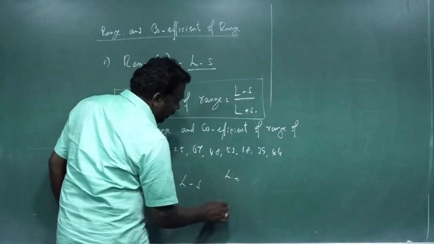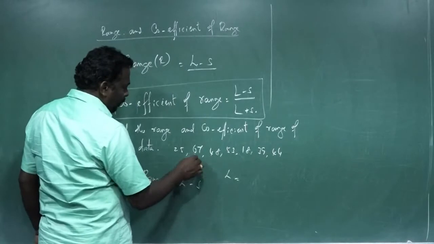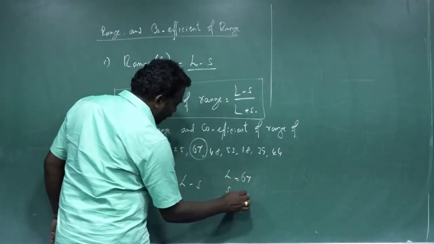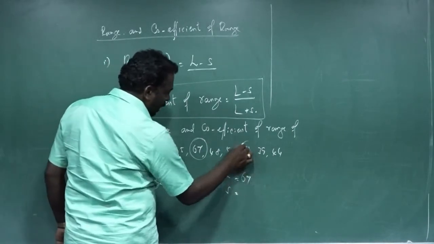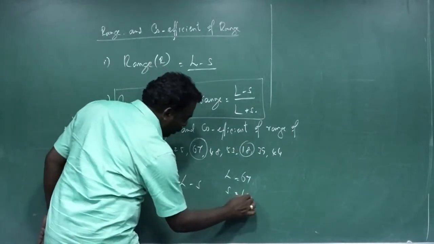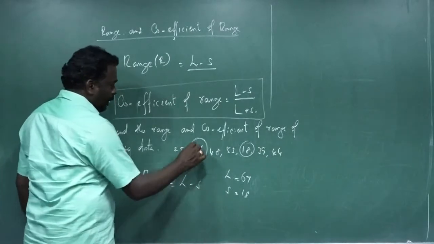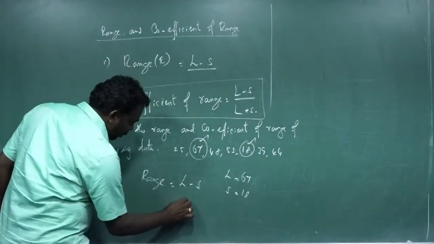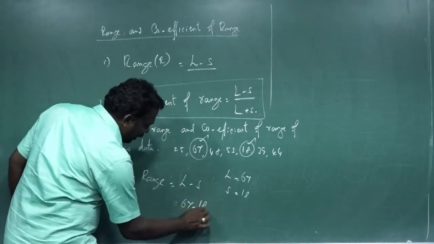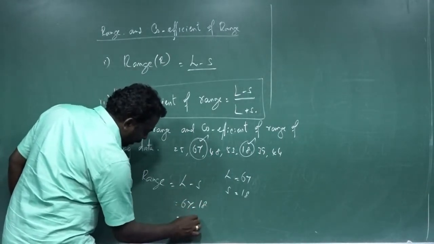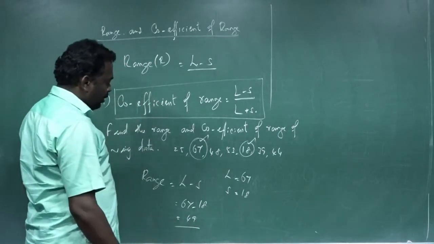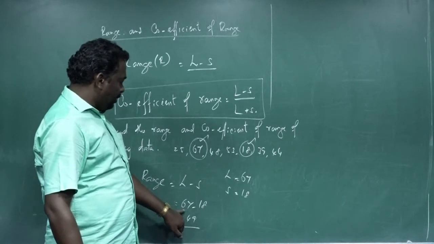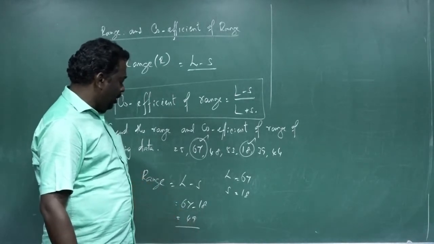The largest value in the given data is 67 and the smallest value is 18. That is 67 minus 18, which equals 49. This is called the range.